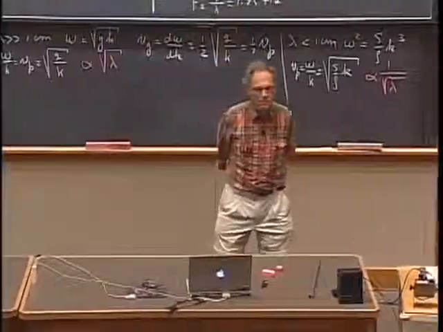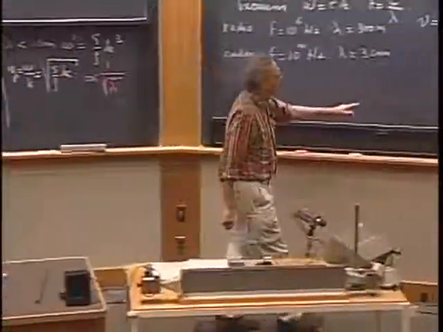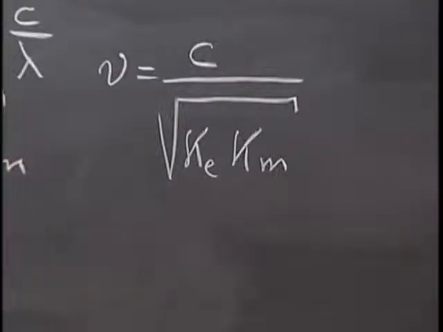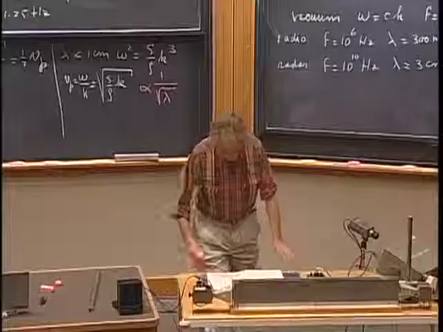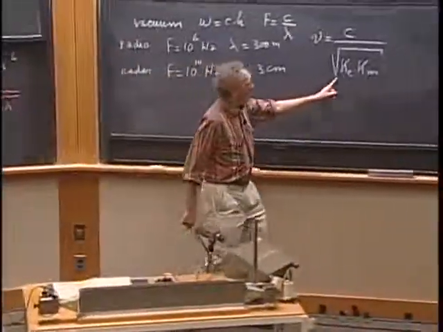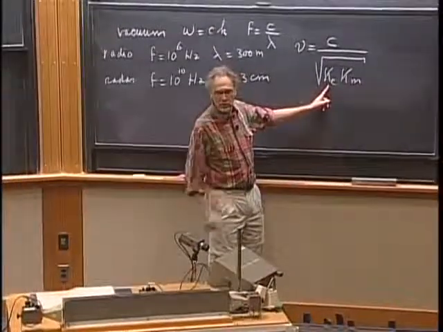And in vacuum, this is 1 and this is 1. But that's not the case for water, and that's not the case for glass. And in fact, this kappa E is strongly frequency dependent.